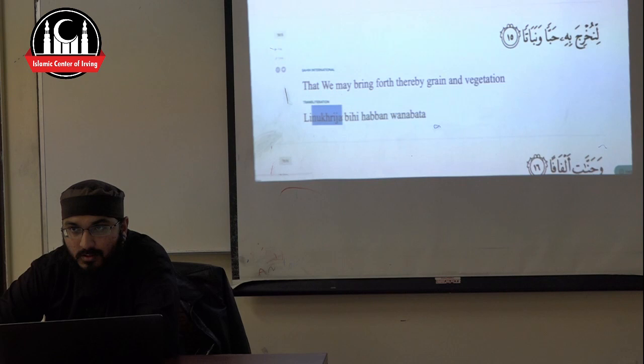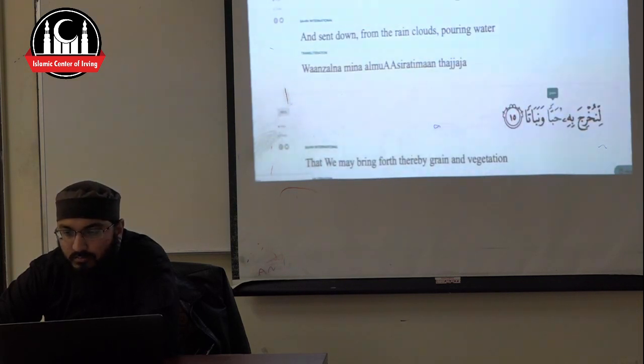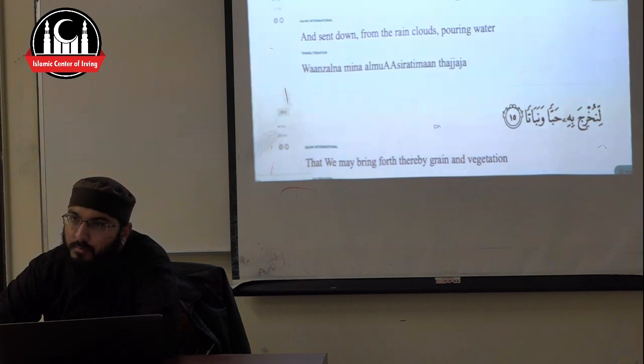So why is there an alif on Anzal? That's a good question because of the li here, and we're going to be discussing that perhaps next week. It should have been nazalna. This is another form in morphology.